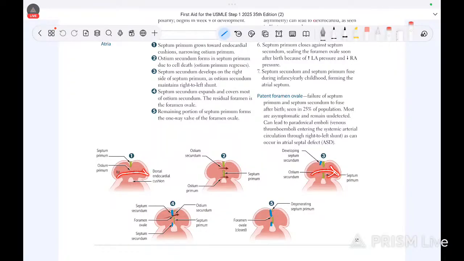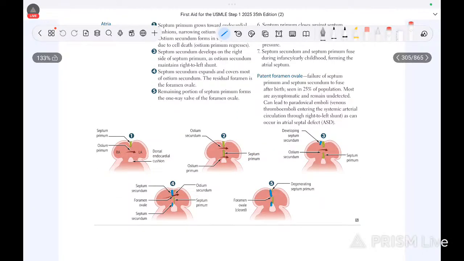From the beginning there is a right to left shunt. After this, the septum secundum expands and covers most of the ostium secundum, and the residual foramen is the foramen ovale. This is the foramen ovale, a small part. Hence the remaining portion of the septum primum forms the one-way valve of the foramen ovale.